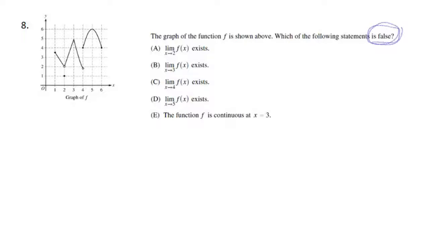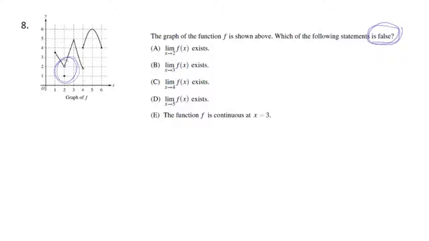Now, let's look at A. A lot of people chose A because here at this point, you're not continuous, are you? And a lot of people want to choose that and say, okay, my limit doesn't exist there. Can your limit exist there? Absolutely. You're just not continuous. But your limit will exist.